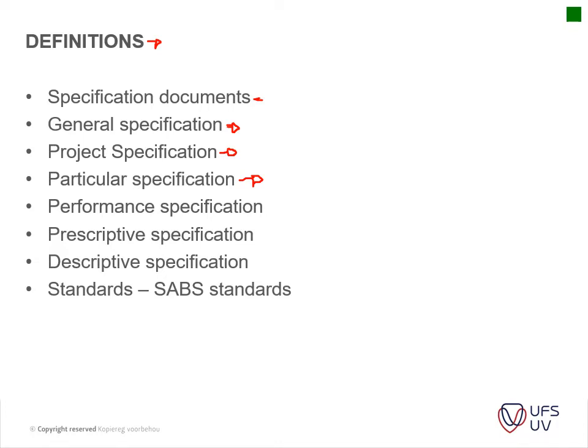Then you've got your performance specification, where you specify that the contractor should conduct a health and safety audit once a month. A site meeting will be held every month, and a technical meeting 2 weeks from that site meeting, etc. In performance, this target date should be met by this date.